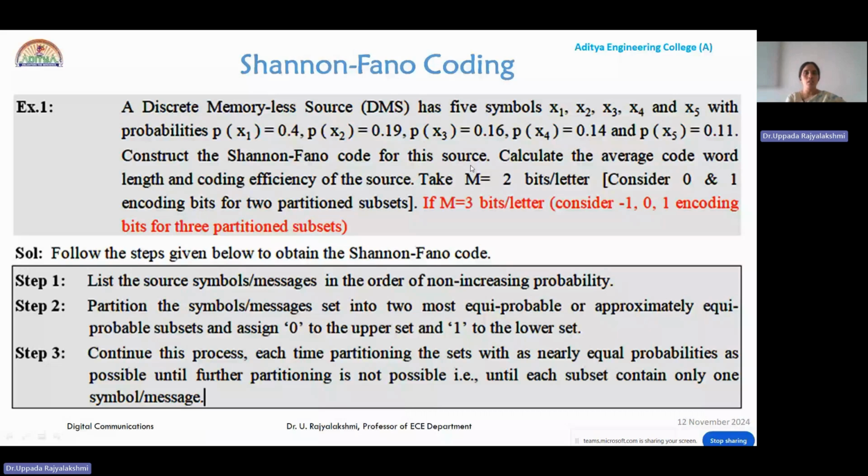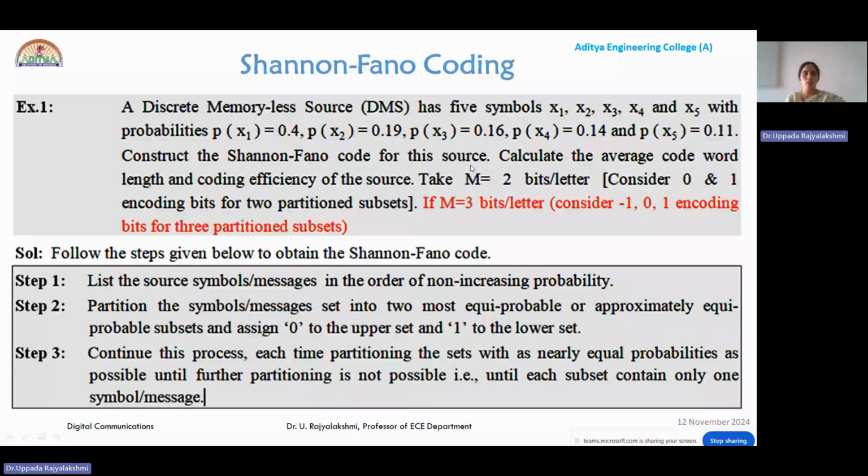Similarly, you can partition the lower subset of partition 1 again into 2 subsets, consisting of 0.16 in one subset and 0.14 and 0.11 in the other. So you can assign 0 and 1 to them.